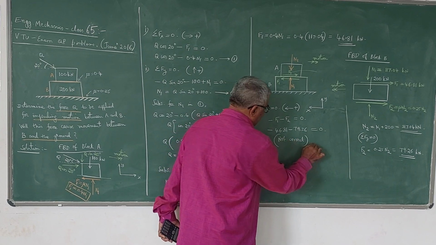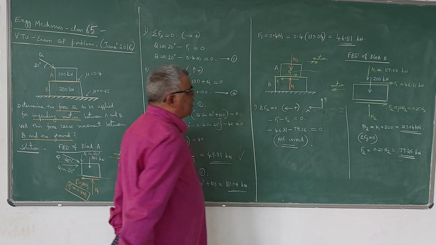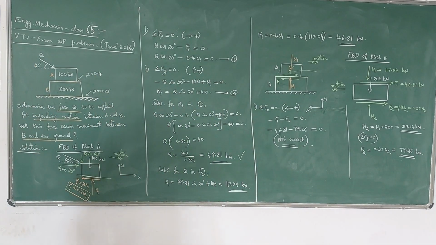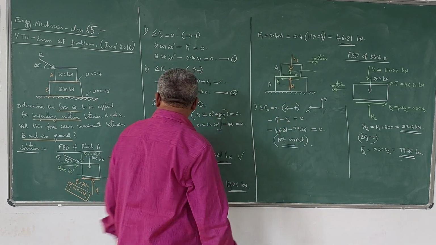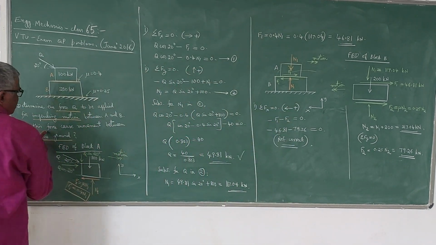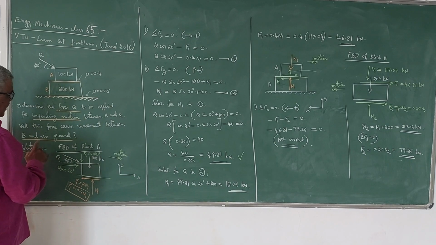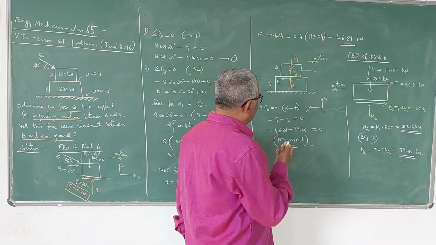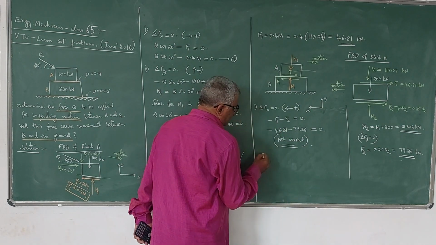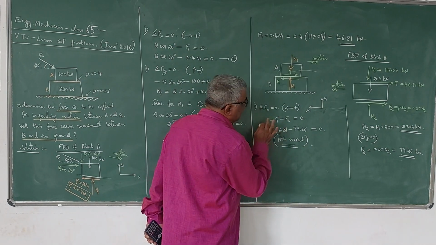So what is the meaning of this? The meaning of this is, since the equilibrium equation is not satisfied in the x direction, the question we are asked is, will this force cause movement between B and the ground? No, there is no movement. Because the equilibrium equation is not satisfied, the body remains at rest only.